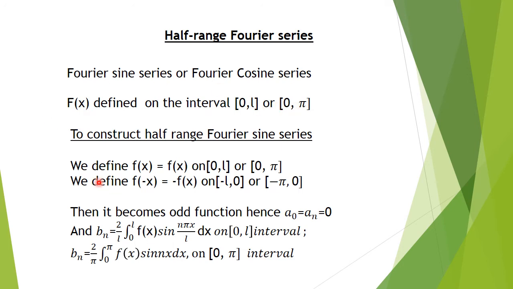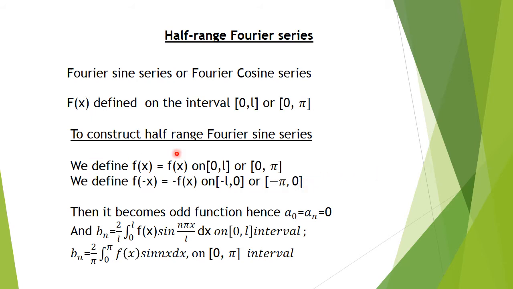Then what we have to do is define f of minus x as minus f of x on minus L comma 0 or minus pi comma 0. So we are going to extend our function, redefining it on minus L to 0, or minus pi to 0.